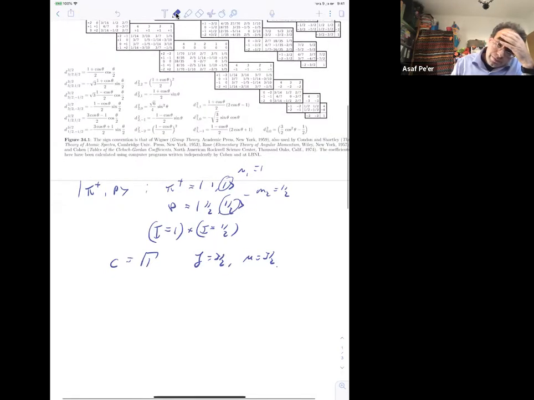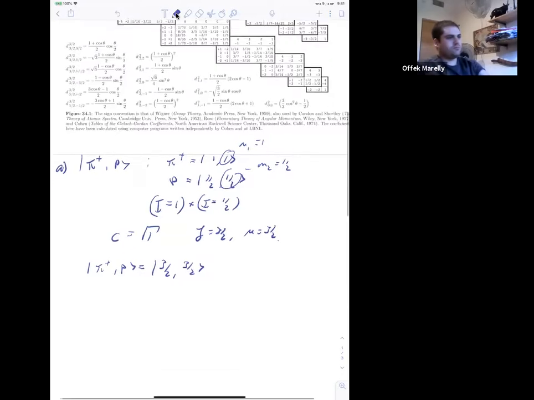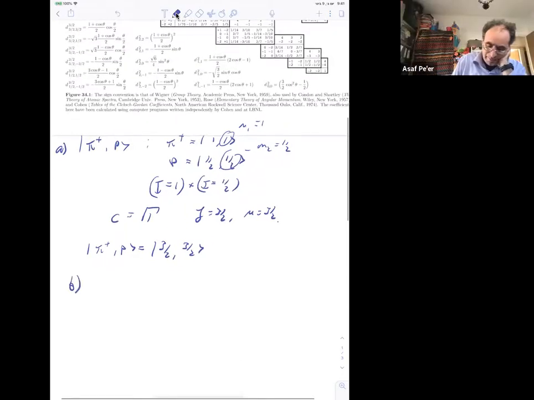So we have that the pi plus and P is 3/2 and 3/2. Good.